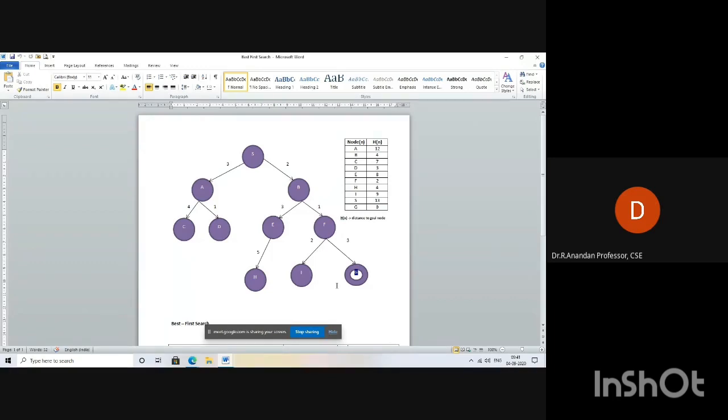Is there any doubt? Here, G is 0. The distance from goal to goal is 0. Yes, it's understood. Can we go for the problem?